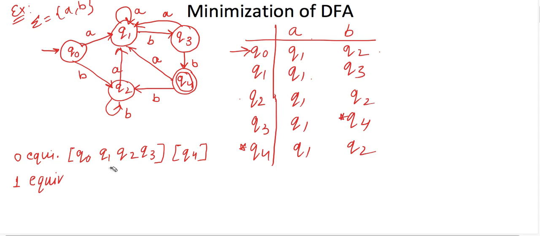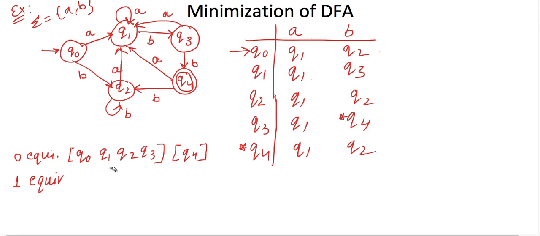I think you should be getting some idea. What I mean to say is, Q0 and Q1 fall under the same group in one equivalent if, upon scanning a one-length string, Q0 reaches a non-final state, then Q1 should also reach a non-final state, and if Q0 reaches a final state, then Q1 should also reach a final state.